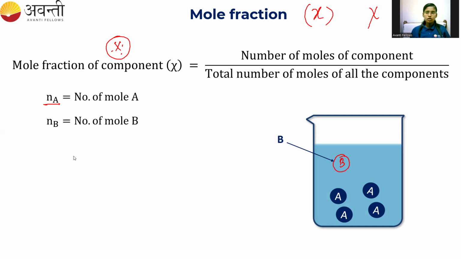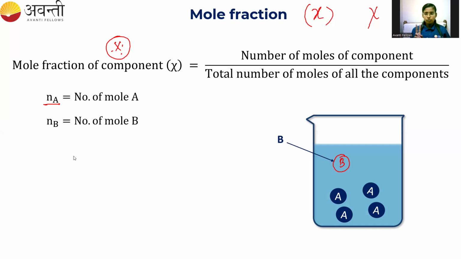Now, I want to find out the mole fraction of A alone. If I want to find out the mole fraction of A alone, then I should write it as XA. So XA will be equal to number of moles of A divided by total number of moles.